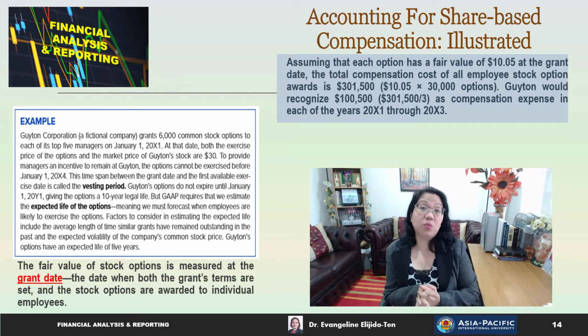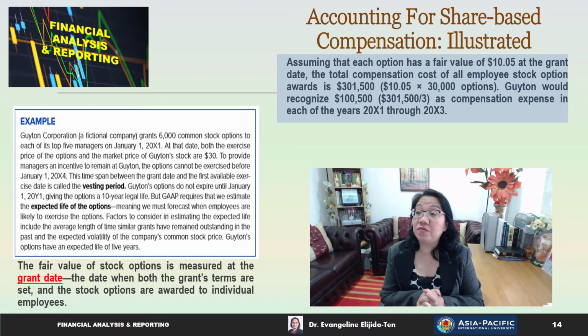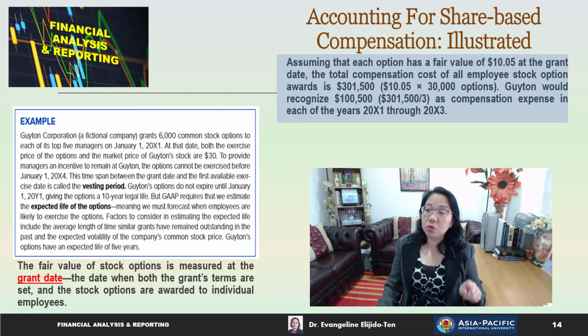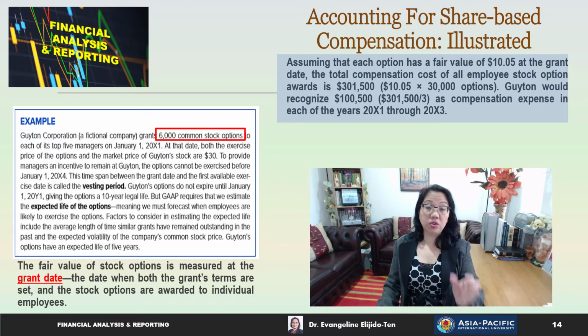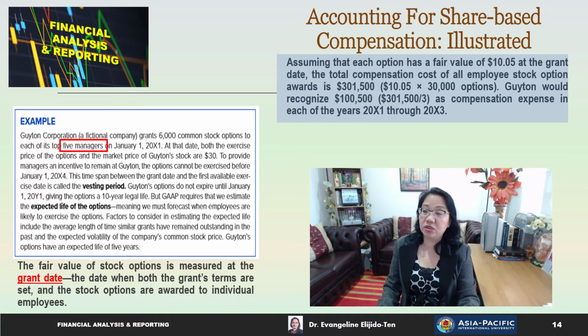In your textbook, the calculation for the $10.05 fair value is provided, but we will not go through that in detail. So using the fair value of $10.05, the total compensation cost of all employee stock option awards is $301,500. That is 30,000 options, which is 6,000 common stock options awarded to 5 managers, times the fair value of $10.05.